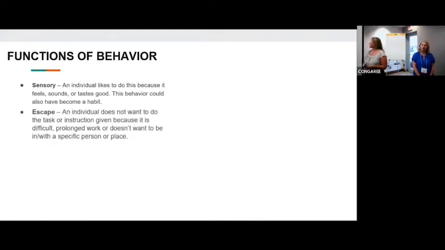The second one is escape. So an individual does not want to do the task or the instruction given because it's difficult, maybe it's prolonged, or they don't want to really be in that specific place or with that person. So they want to escape the situation or the environment or the demand, or they just want to avoid it altogether before it even happens.